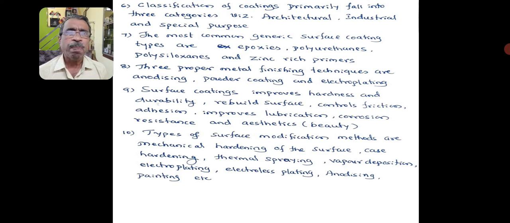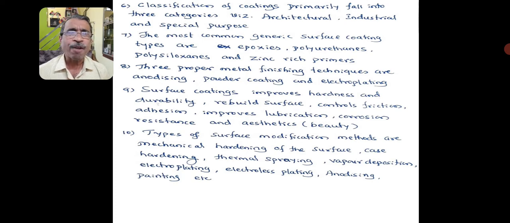Three proper metal finishing techniques are anodizing, powder coating, and electroplating. Surface coatings improve hardness and durability, rebuild surfaces, control friction and adhesion, improve lubrication, corrosion resistance, and aesthetics.